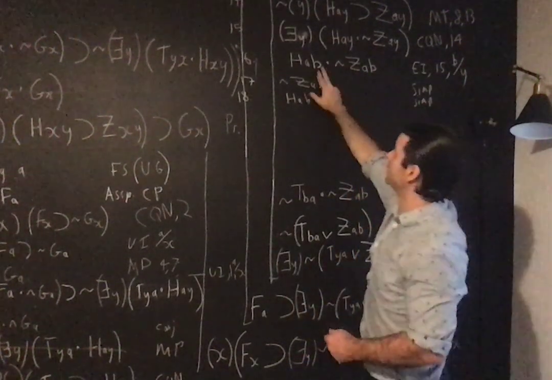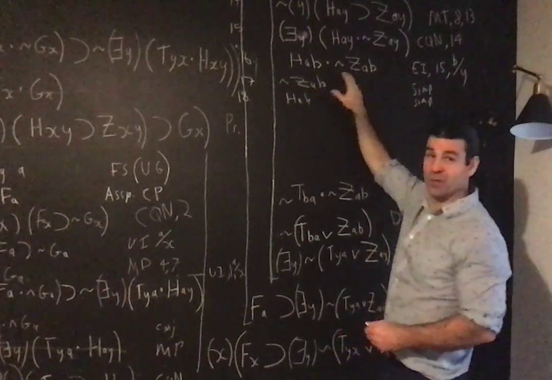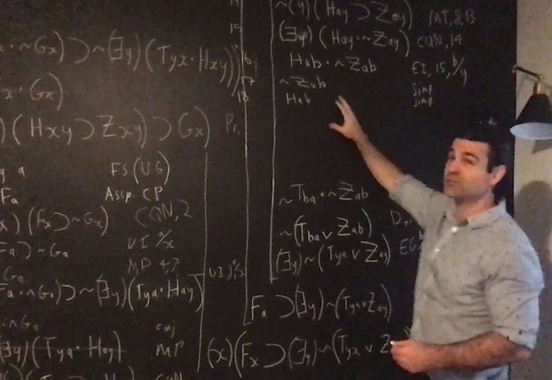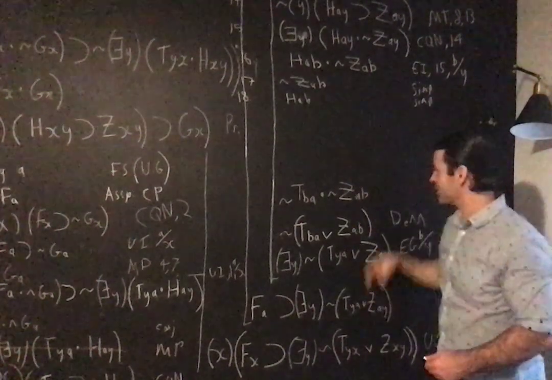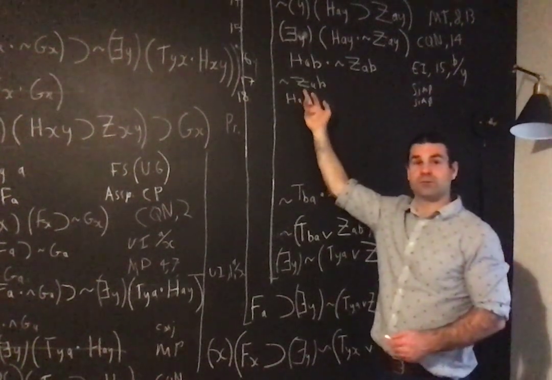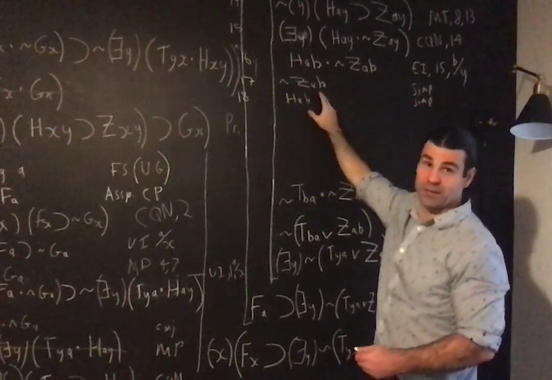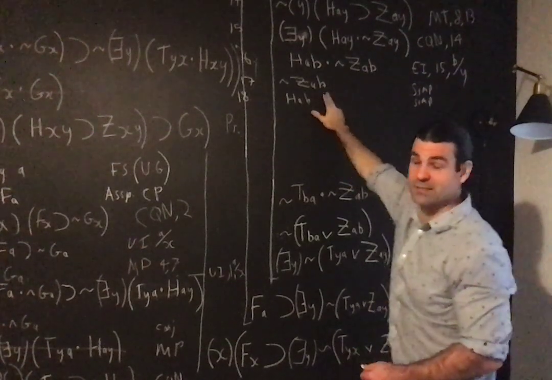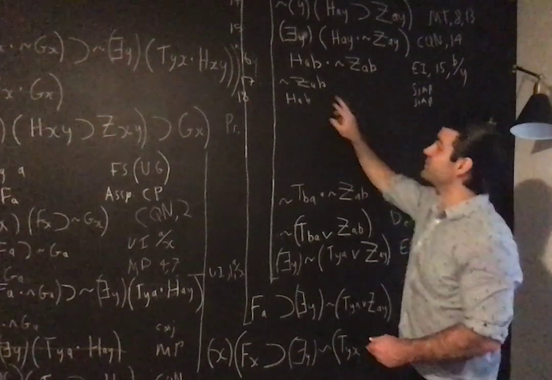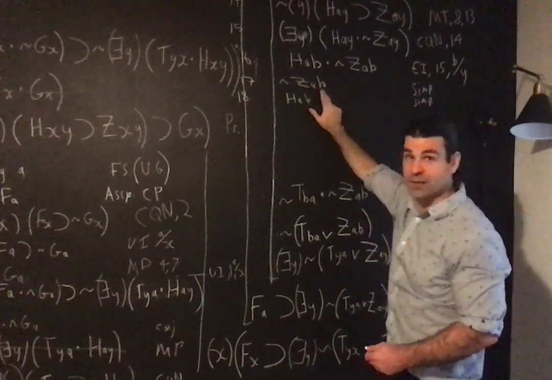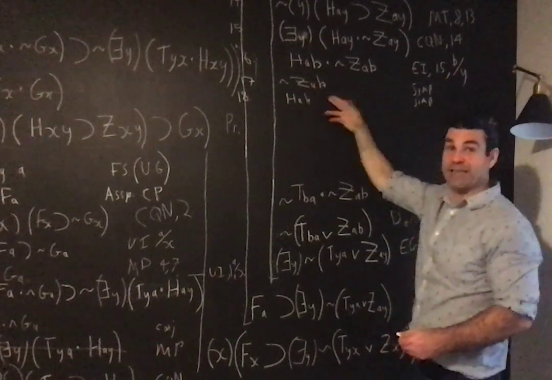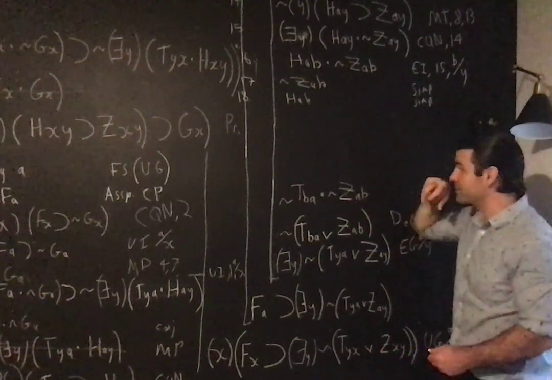But even if I wasn't determined, I would have chosen b, because I want ZAB in particular. Not ZAC doesn't equal not ZAB. Even if I was allowed to instantiate to A, I wouldn't want to, because not ZAA is not ZAB.